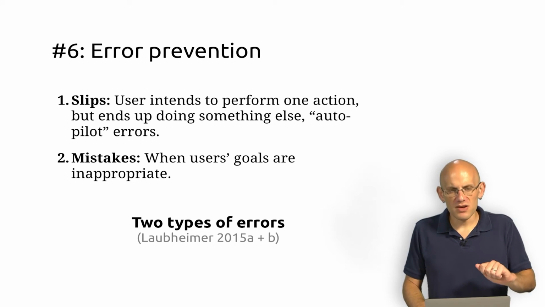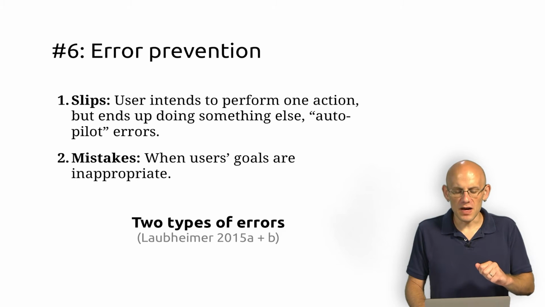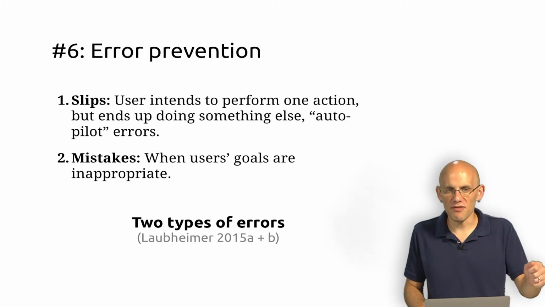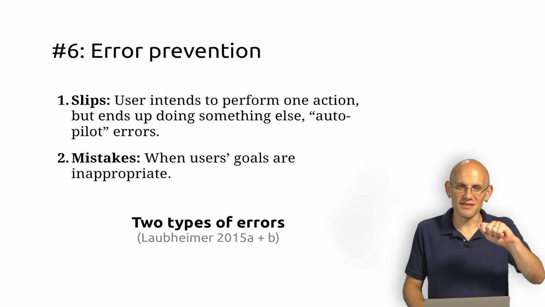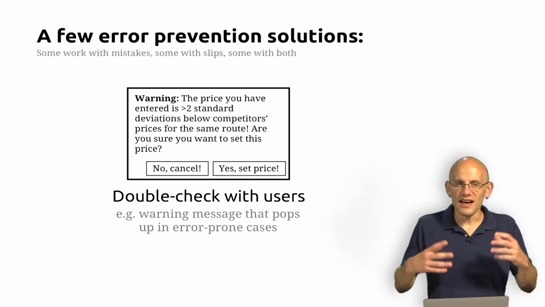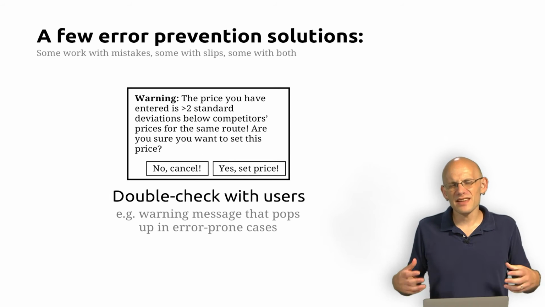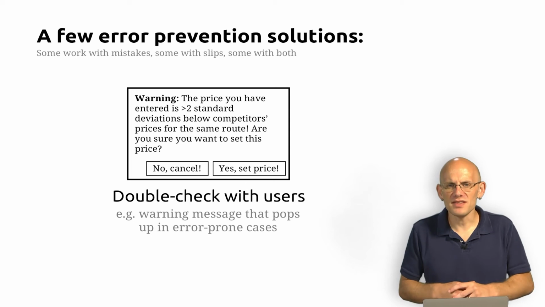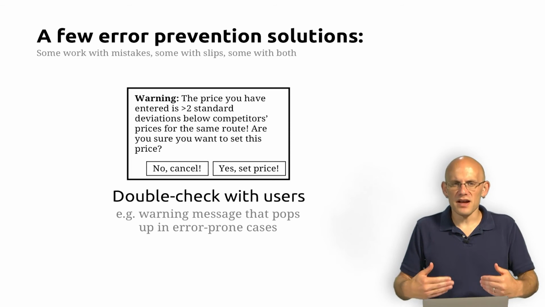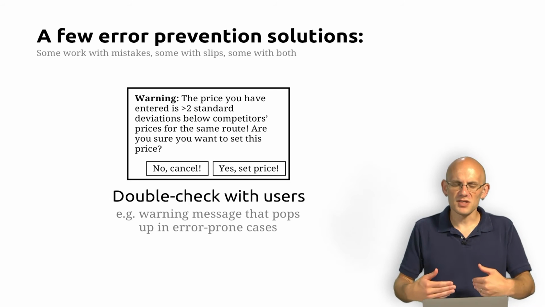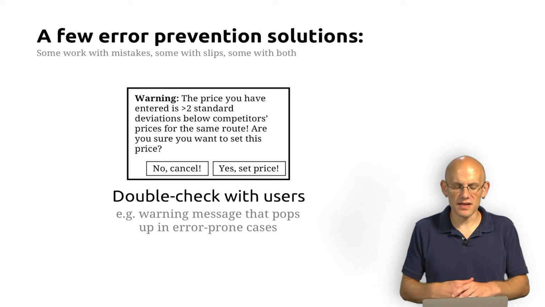Now, regardless of whether you're dealing with slips or mistakes, there are a couple of solutions you can offer, along with marking that there's an issue with this particular heuristic in a system. I also like highlighting these solutions because I think it helps us understand the meaning of the heuristic a little better as well. So when you notice an error-prone situation, when you see a violation of this heuristic, one potential solution is to double-check with users, right?